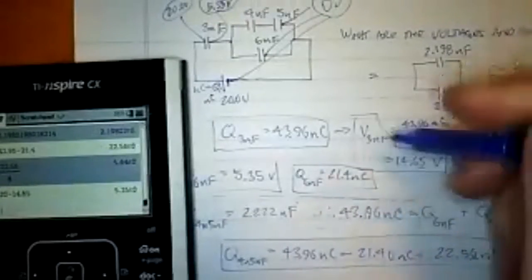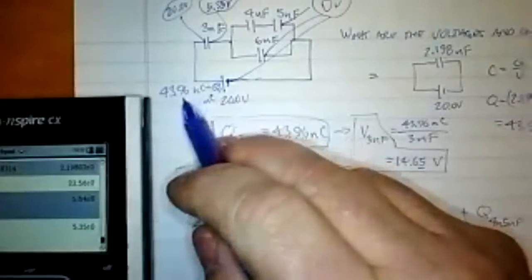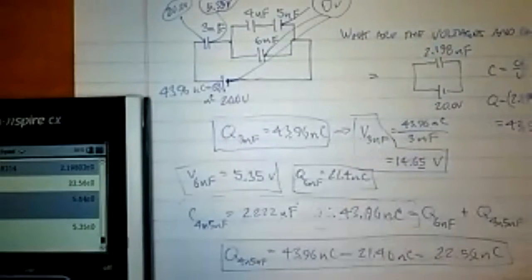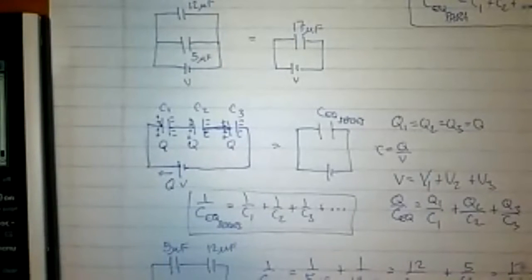Did I do that right when I did the voltage of the 3 nanofarad capacitor? Well, we said all the 43.96 coulombs have to go to that. And the 43.96 was supposed to be 2.198. Did anybody find any mistakes in my arithmetic that I did here? Because I did part of it with my head. Let's double check that just to see.